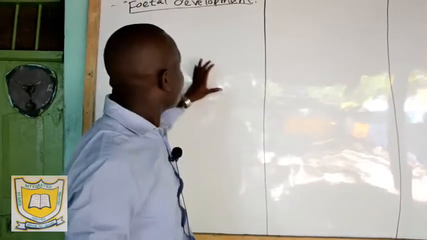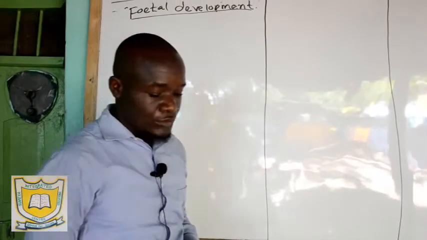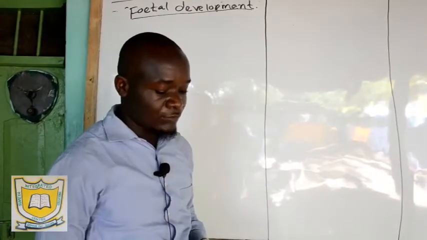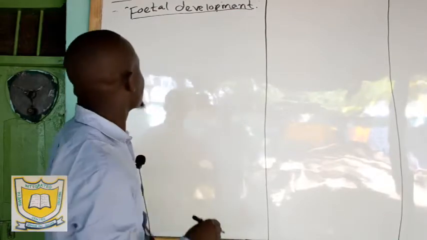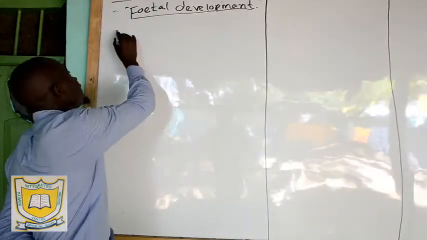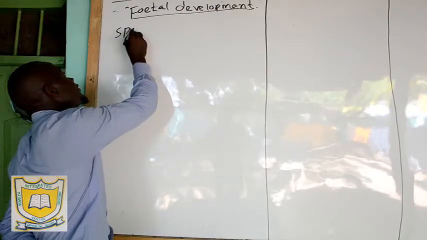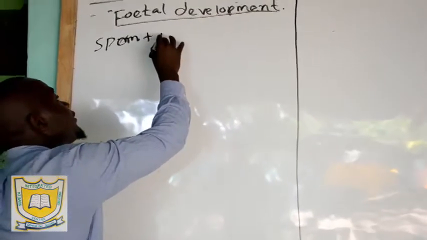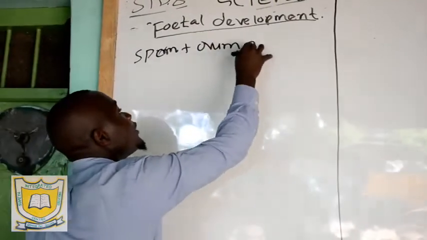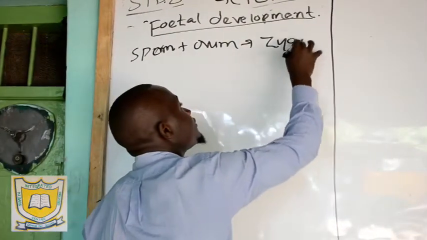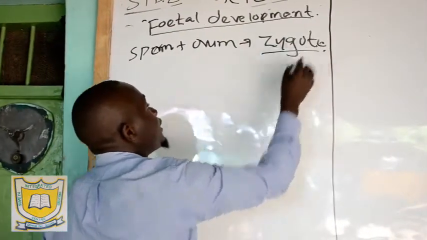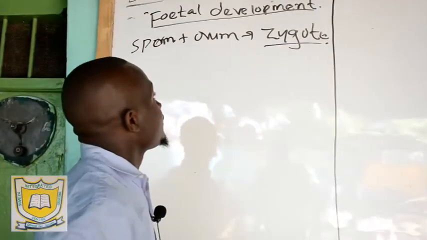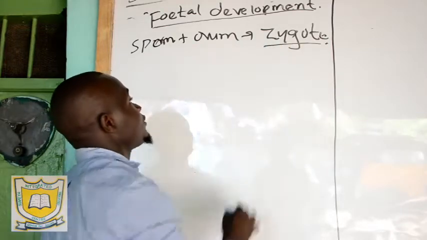The teacher talked about the union of the sperm with the ovum to form a zygote. When you have a successful fertilization, you'll have the formation of the zygote.